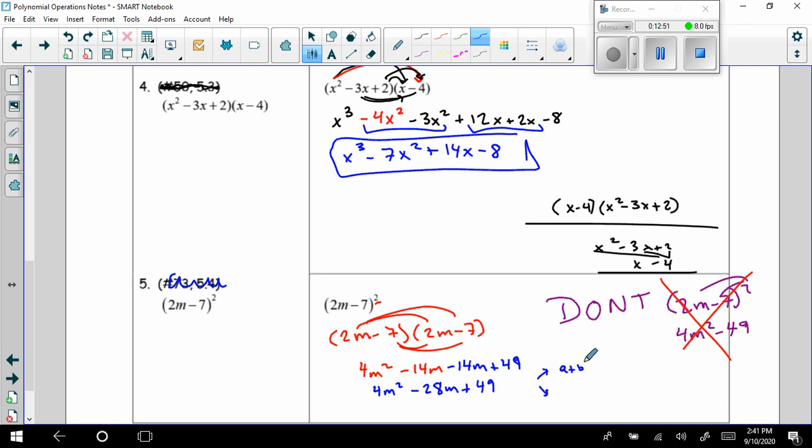So if you have (a + b) squared, that will always equal a squared, that first term squared, plus 2ab plus b squared. If you have (a - b) quantity squared, it will be the same thing, only that second sign will flip. So a squared minus 2ab plus b squared.